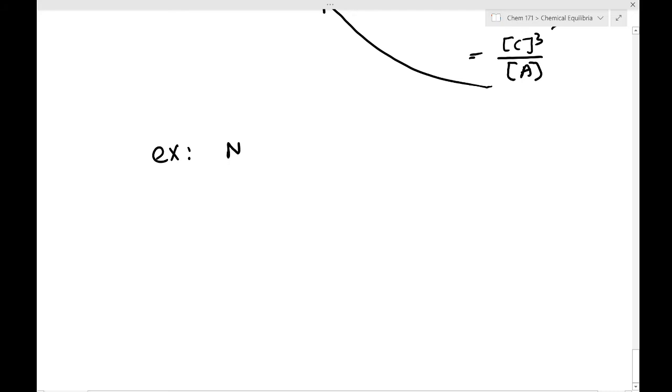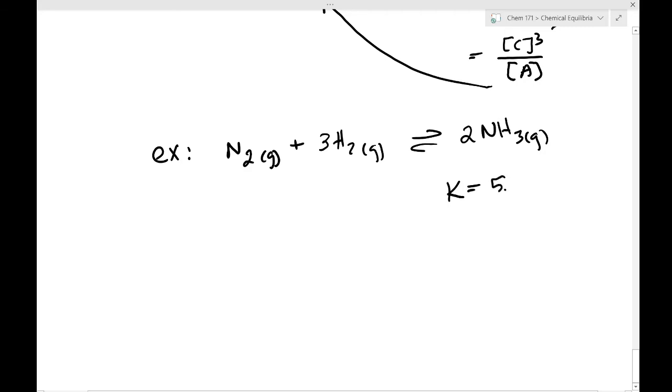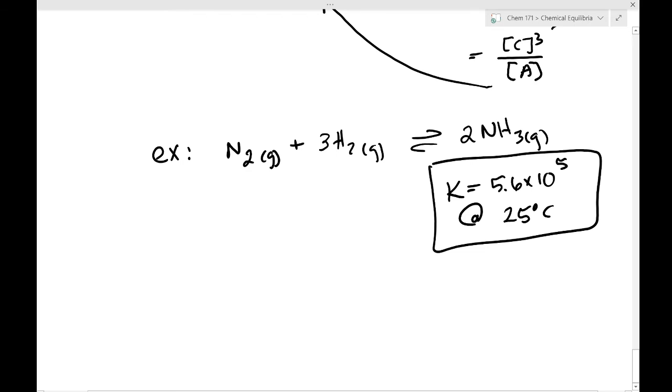Say we have some reaction between nitrogen gas and hydrogen gas to form ammonia gas. The equilibrium constant here is equal to 5.6 times 10 to the 5 at 25 degrees C. This is a value that is determined experimentally, so I would just look this up in a book somewhere if I needed the equilibrium constant for this particular reaction.